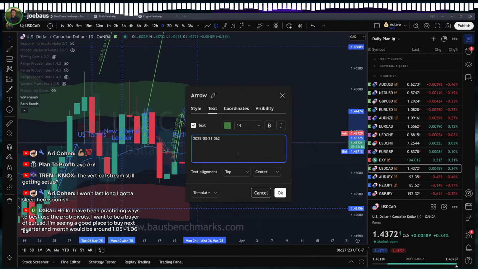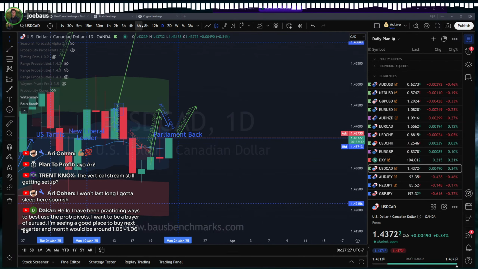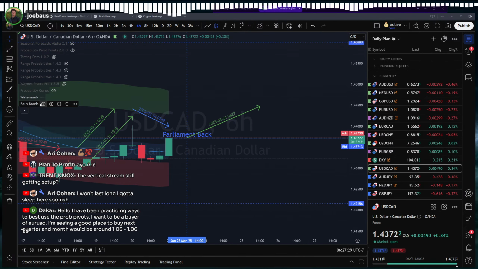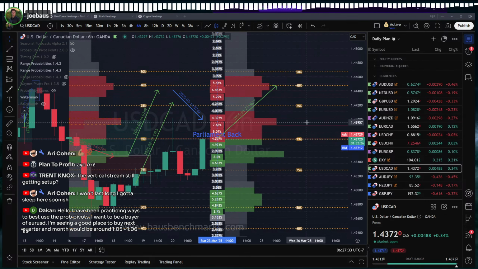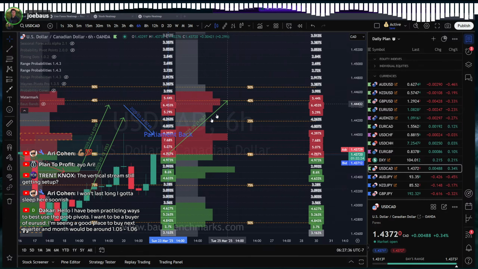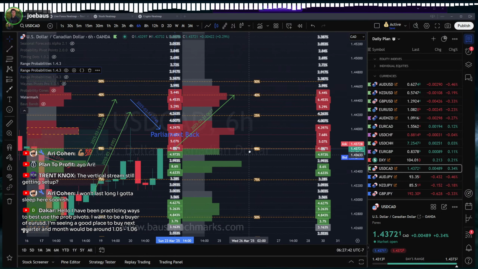This is a more chart-heavy focused stream for sure. Oh, look at that. Isn't that so convenient? Right where I place the upside expectation is right where we have a peak in our probability distribution for next week.